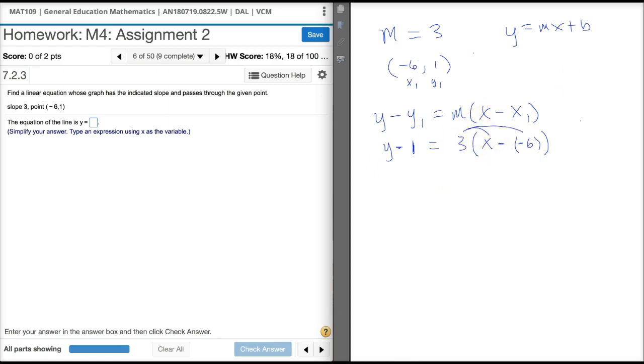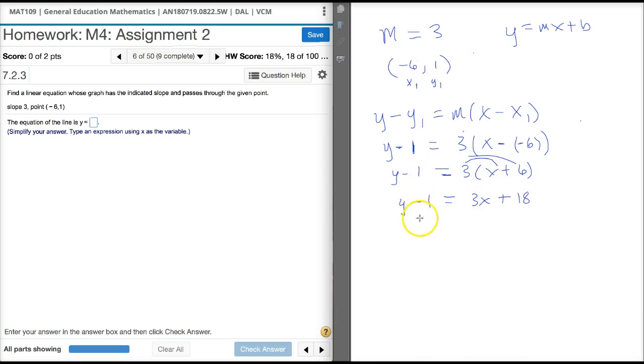But before we do that, we want to make sure that we take care of what's on the inside here. And of course, we know that subtract a negative is the same as addition. So come here and write this, and then we'll distribute to both terms. And so 3 times x is 3x, and 3 times 6 is positive 18.